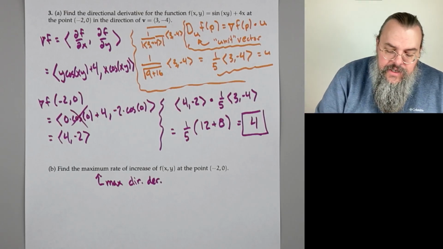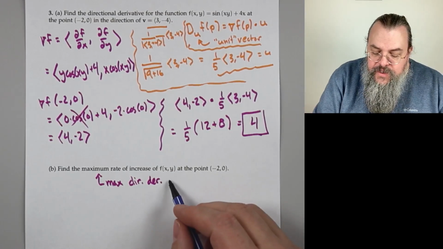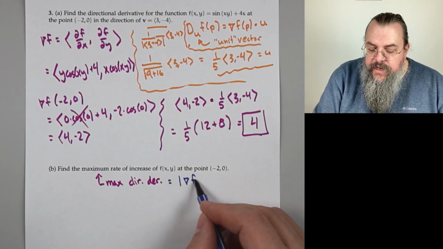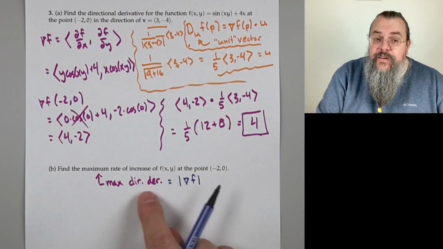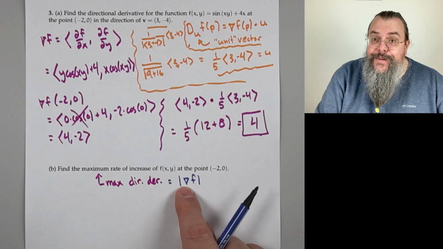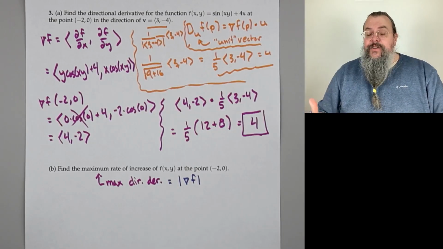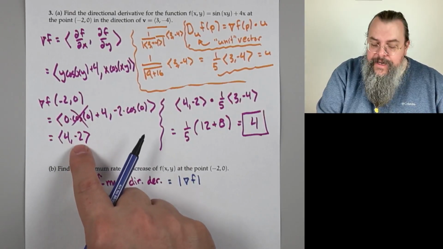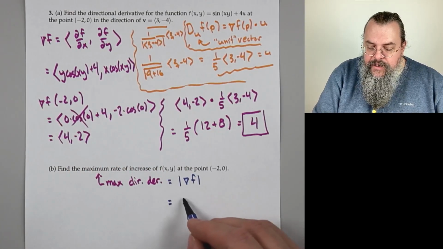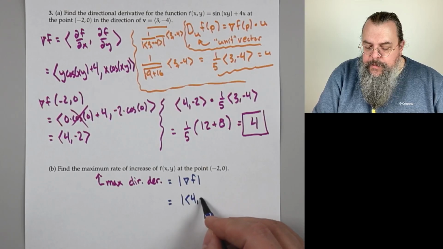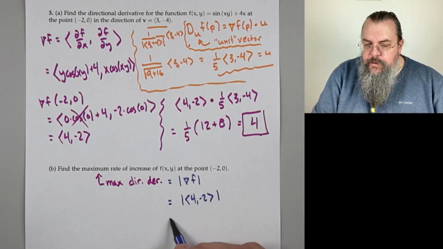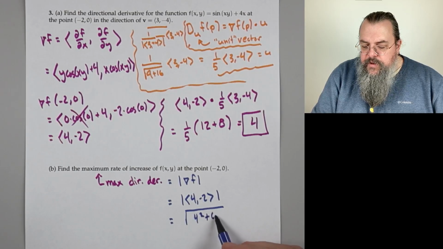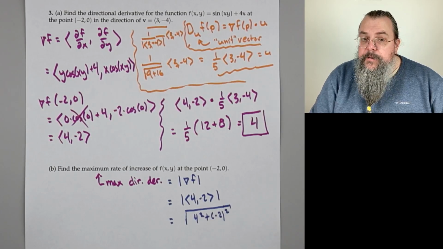In particular, the maximum directional derivative is equal to the magnitude of the gradient. So this problem is really testing us on whether we know this fact. Once we know this fact, we say, oh, well, we have the gradient at our point, so it's the magnitude of 4, negative 2, which would be the square root of 4 squared plus negative 2 squared.